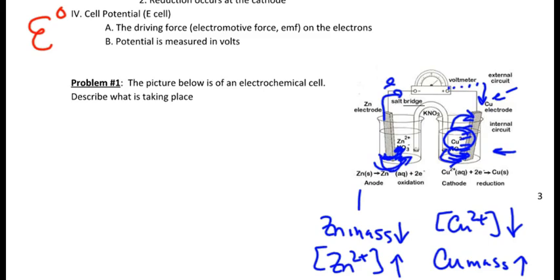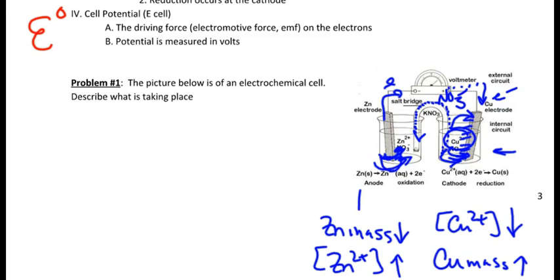You cannot, in a sense, store negative charges. So what happens? The nitrate goes this direction. That's the path of the nitrate. The nitrate isn't needed to balance out your coppers, so it goes over the salt bridge into the zinc beaker over here.